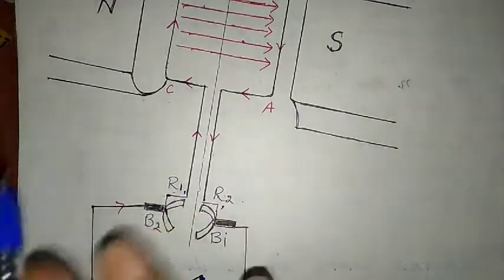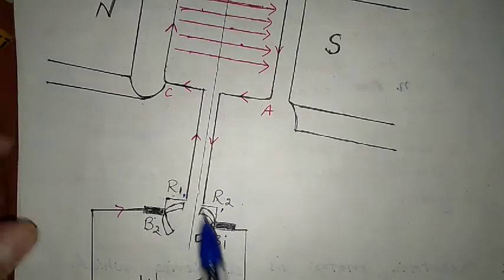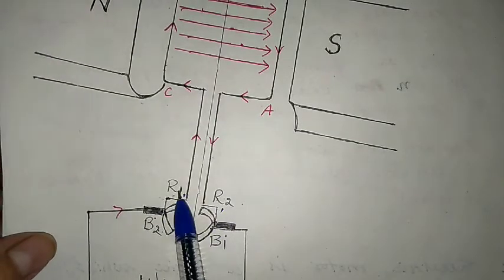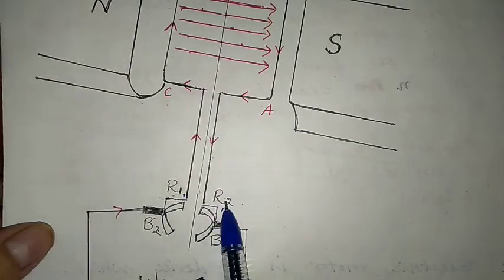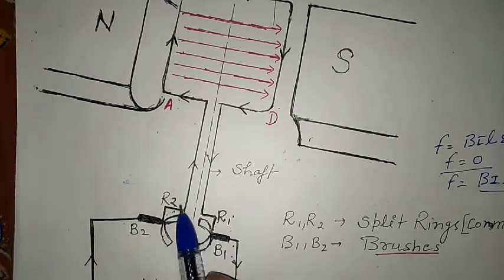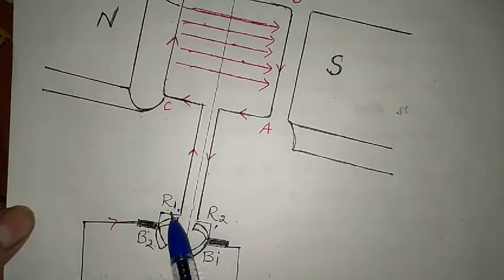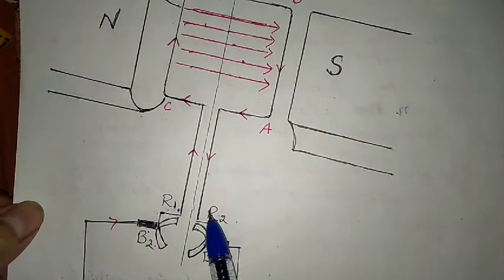So they change their position and are tightly pressed with B2 and B1. This time B2 is pressed with R1 and B1 is pressed with R2, and initially it was just opposite, B2 with R2, B1 with R1. So now the split rings change their position.